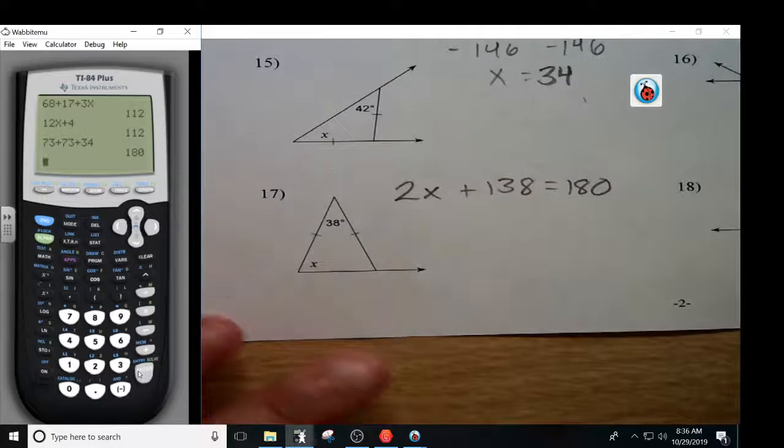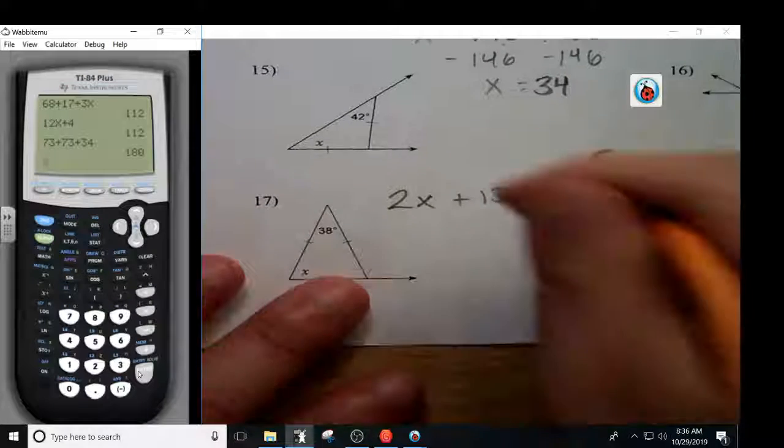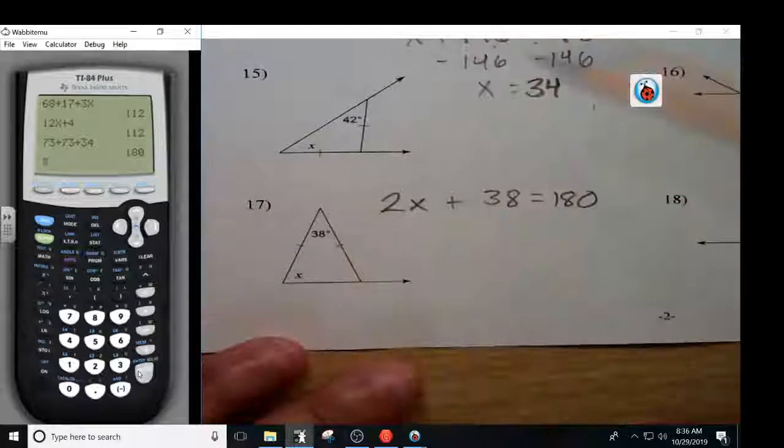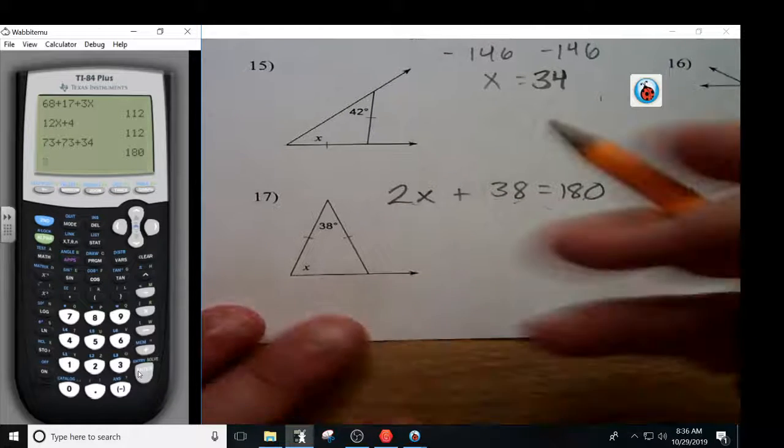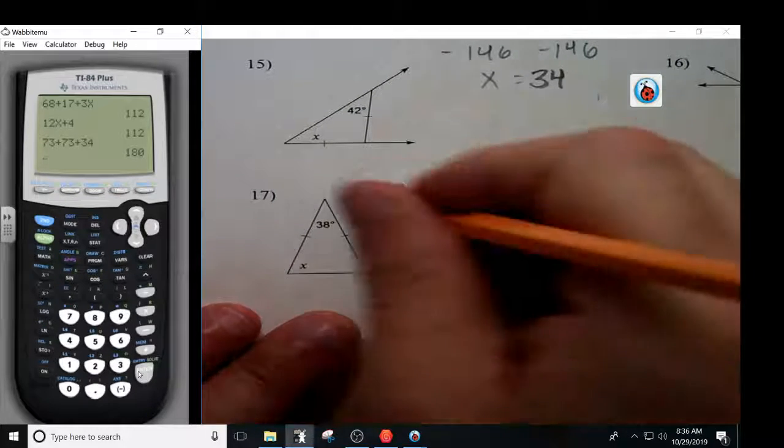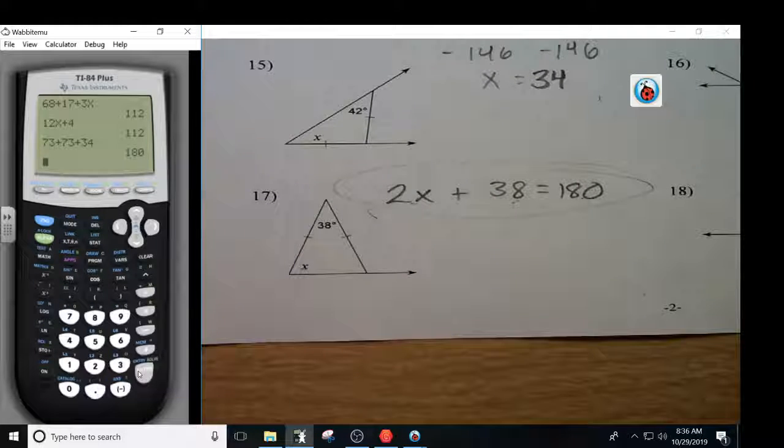Because what you would do, you'd subtract, not 138, you'd subtract 38 from 180, then divide by 2, right? That would be the math behind it right there. Yeah. Price would be 71, maybe.